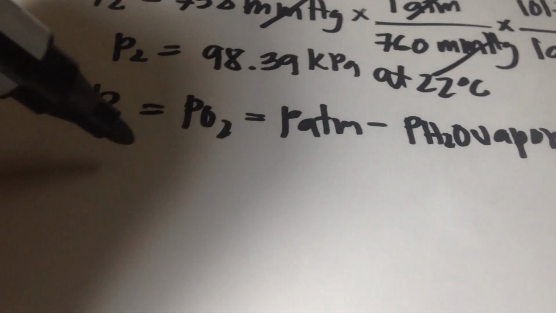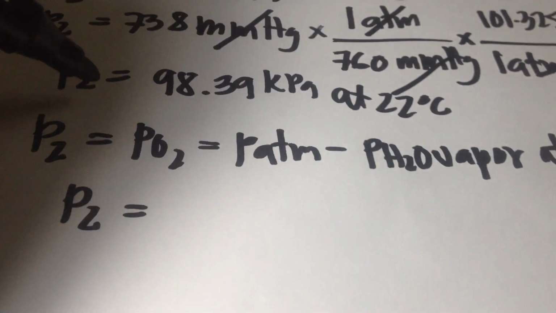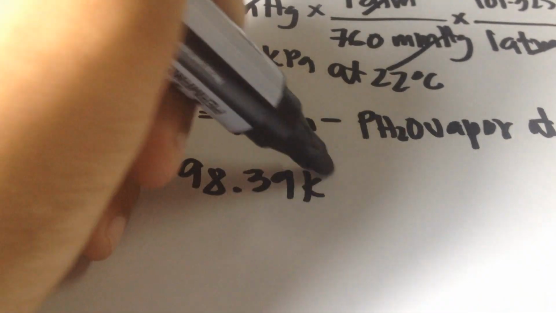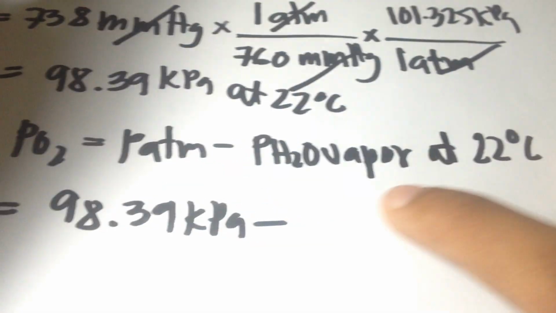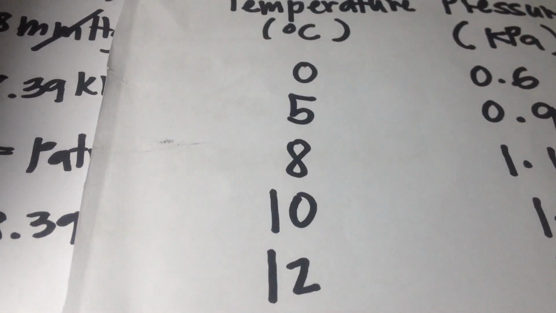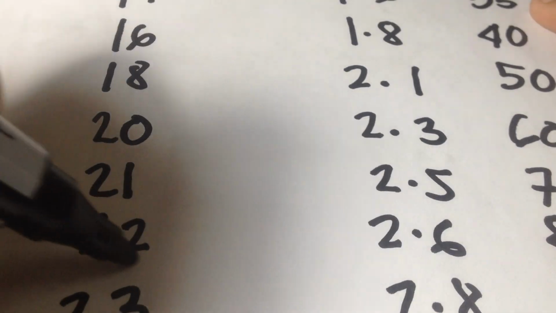P atm is 98.39 kilopascal, minus the water vapor pressure at 22 degrees Celsius, which is 2.6 kilopascal.